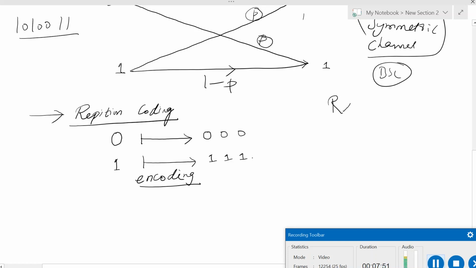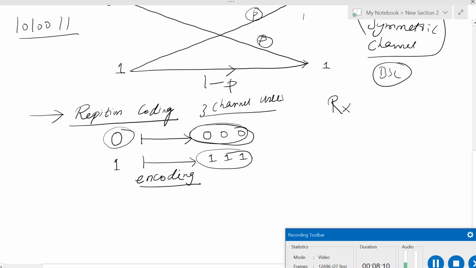Now what will the receiver do? See, now this 0, 0, 0 and 1, 1, 1. To transmit 0, you will transmit these 3 bits over the channel. It's also called 3 channel uses. You are using the channel 3 times.